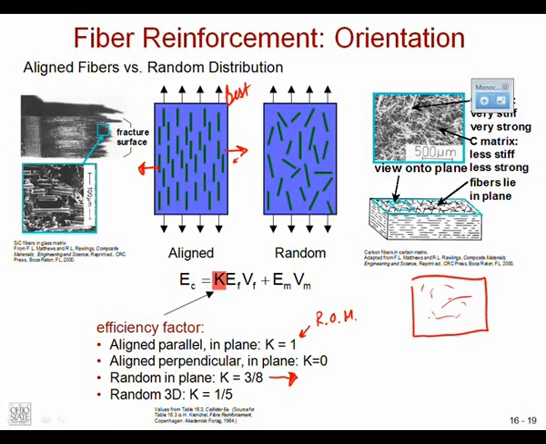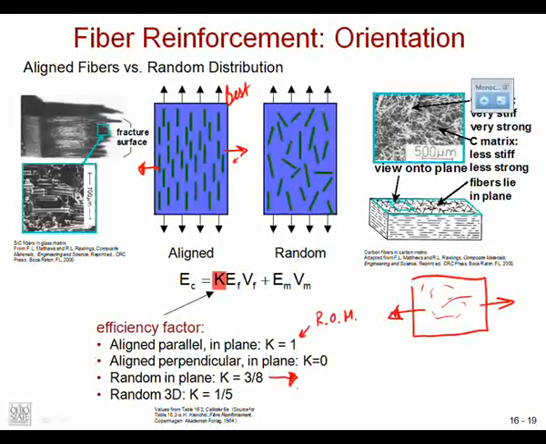And then we'll maybe do several layers like this. But so in this direction, we have randomness. And so then this k value is 3/8 along that line.